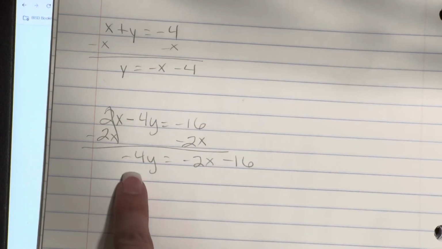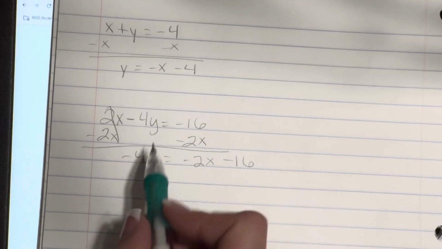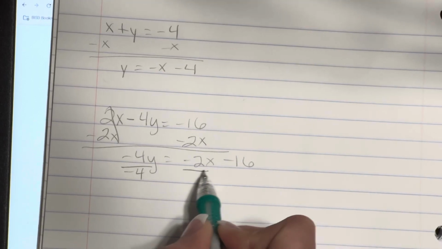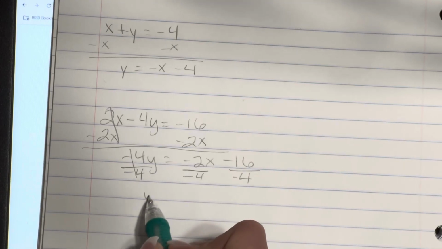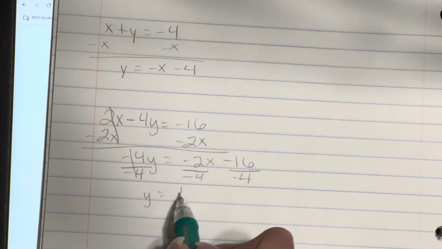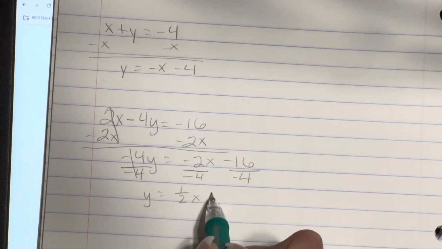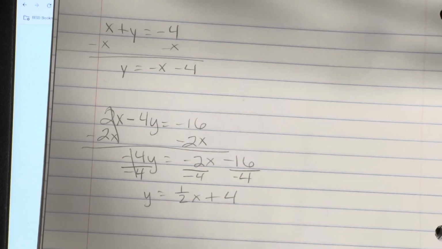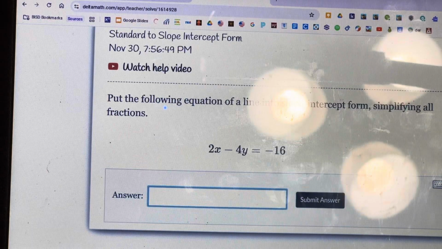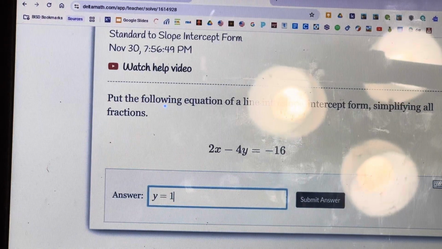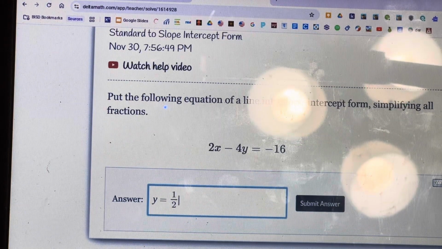Second step, divide by our coefficient in front of y, and divide everything by -4. You're left with y equals 1/2 x plus 4.